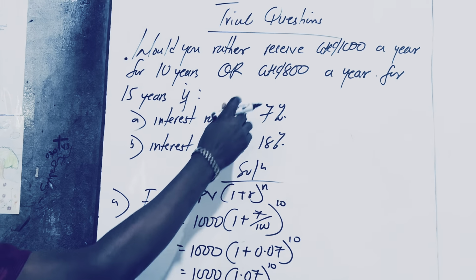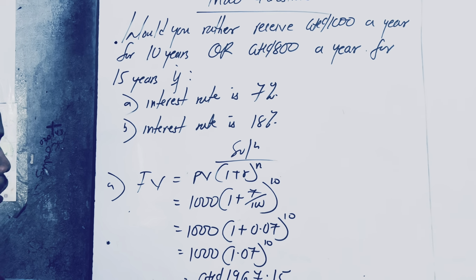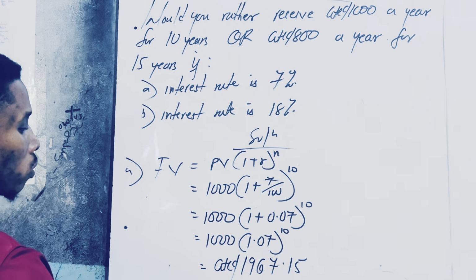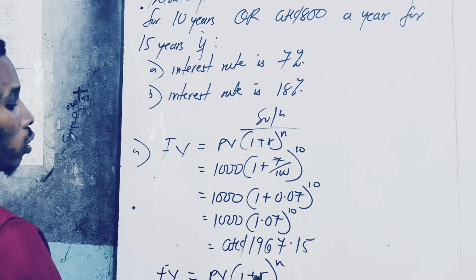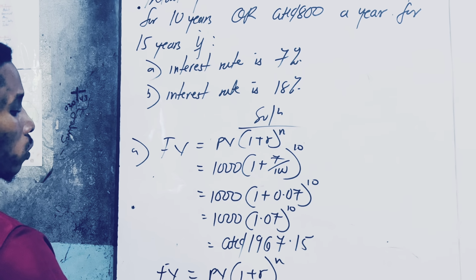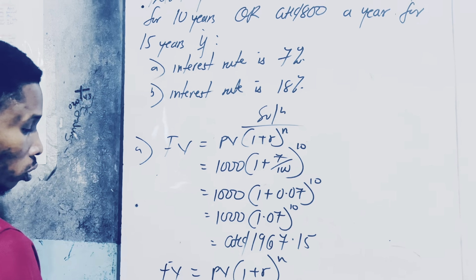Now let's work out investing 800 Ghana cedis. Future value is present value times 1 plus r raised to the power n. So here we have 800 and our r is still 7%, which is 7 over 100, but here for 15 years.